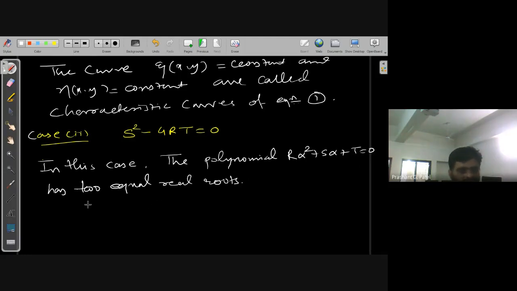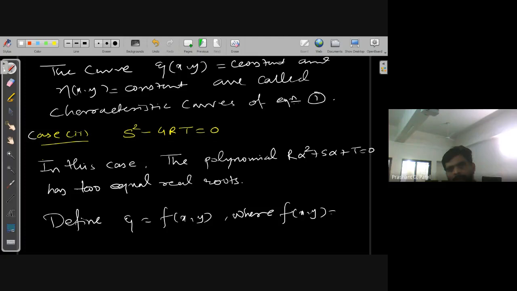Okay, so in that case, let us define xi equal to f of xy, where f of xy equal to c1 is a solution of dy by dx plus lambda xy equal to 0. So dy by dx plus lambda xy equal to 0 is the solution.